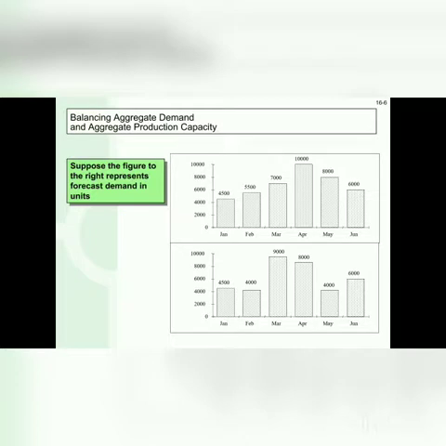So according to the forecasted demand, in the month of January we have to produce 4500 units, and in the month of February we'll be requiring 5500 units. Then in the month of March the demand will be 7000 units. In the month of April it is 10,000 units. In the month of May 8,000 units, and in June it will be 6,000 units.